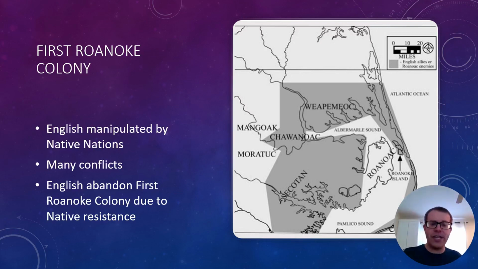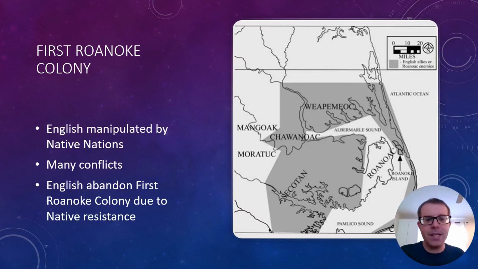So a group of English settlers set up Roanoke Colony in 1584 on this island off the coast of modern day North Carolina. And they initially made contact with a group of people called the Roanoke people.